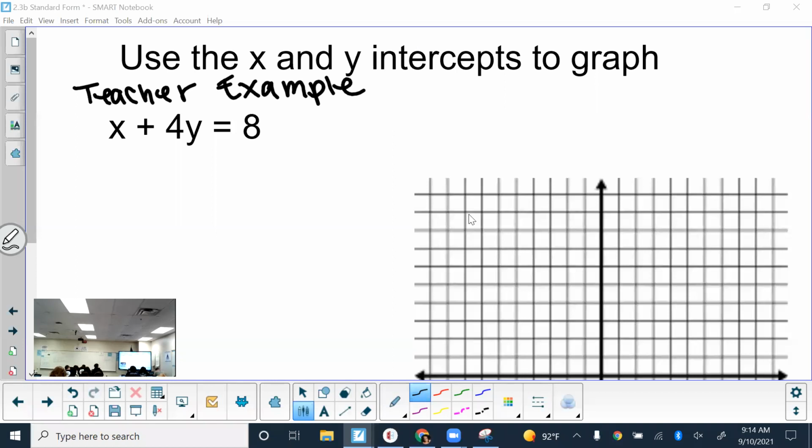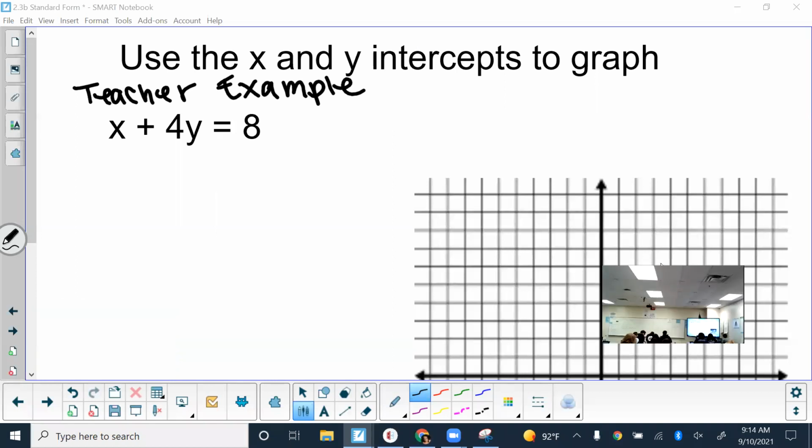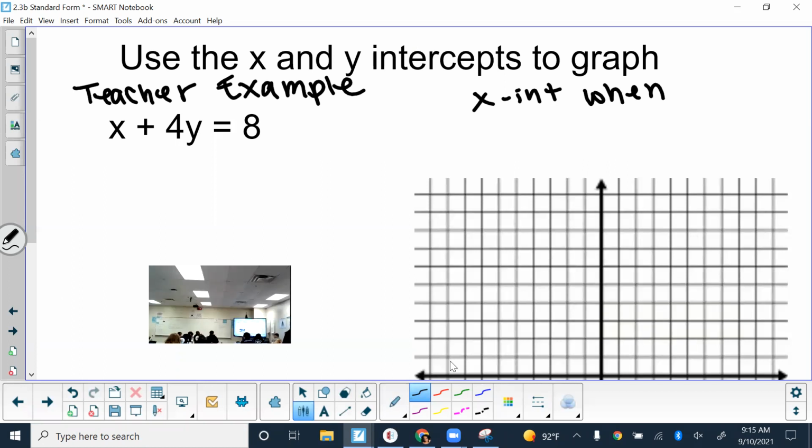All right, so think back to those definitions that I had you write for x and y intercepts. They were like alternate definitions. So if I'm telling you to find, or what is the x-intercept, what was that definition that I told you? It is where the line crosses the x-axis, so we should expect it to be on the horizontal line.